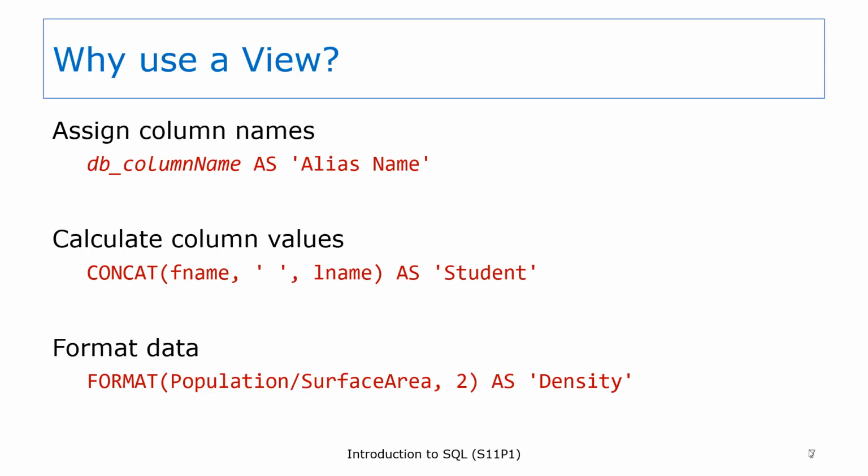A final example is to format data. You saw this calculation earlier in this course where we calculated the population density for a country. This format function formats the result of the division as a decimal value with 2 digits to the right of the decimal point. You can specify this function once in a view and have it available for future queries.